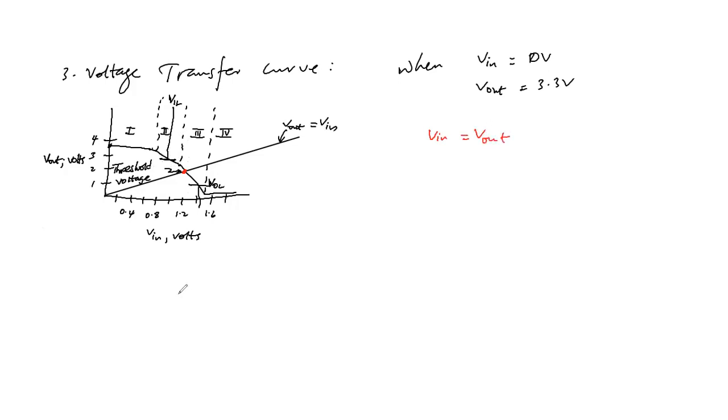It is found at the intersection of the transfer curve and the line V out equal to V in, region 3. So finally, in region 4, the output remains constant at 0.2 volts as the input voltage increases.